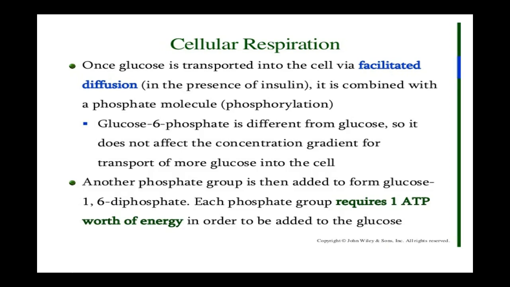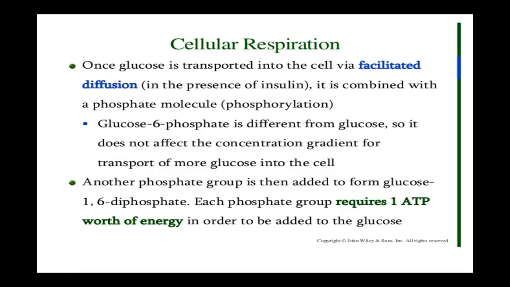So you're taking the active component off the 6 carbon. Remember, carbon can have 4 bonds. You're breaking one of those bonds and putting a phosphate molecule on, and that makes sure you can bring more glucose in.